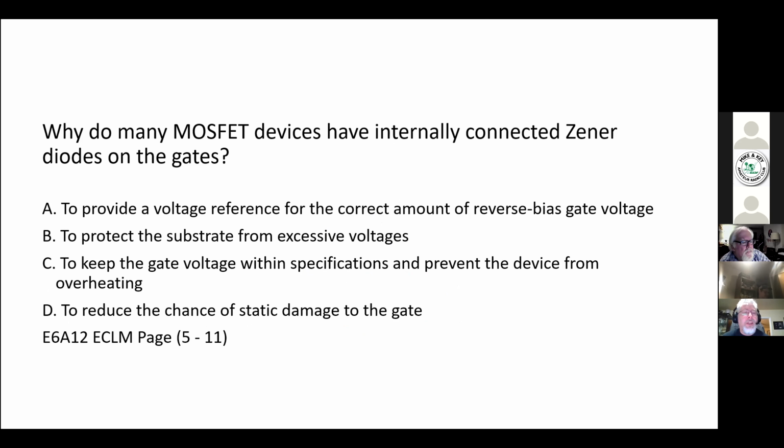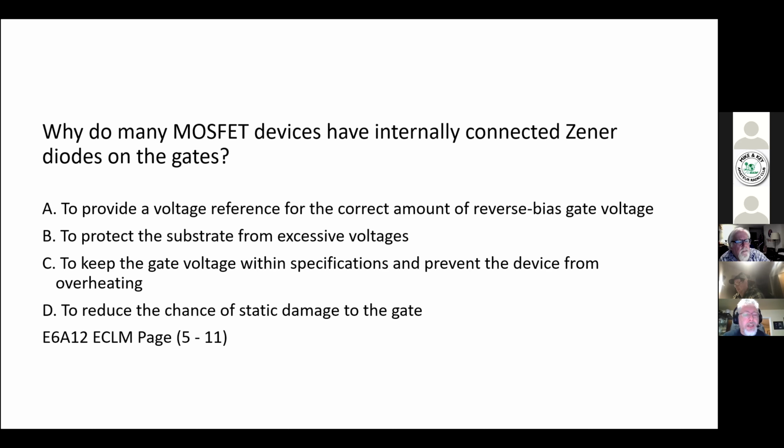Why do many MOSFET devices have internally connected Zener diodes on the gates? A, to provide a voltage reference for the correct amount of reverse bias gate voltage. B, to protect the substrate from excess voltages.